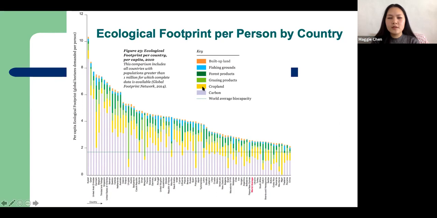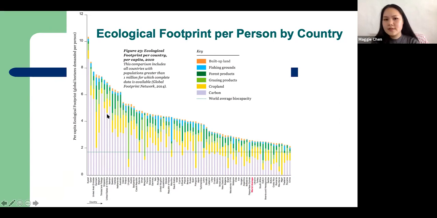Gray is carbon, yellow is cropland, light green is grazing products, dark green is forest products, light blue is fishing grounds, and orange is built up land. So if we're looking at highly developed countries, say the United States, for our ecological footprint we see that it's mostly carbon.